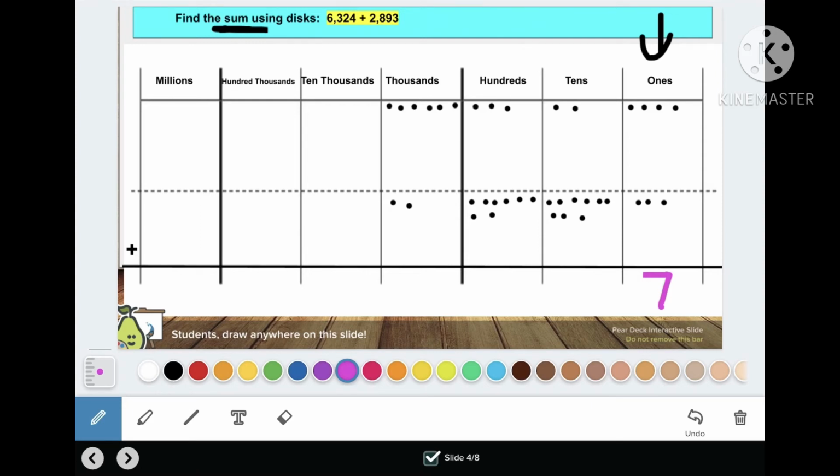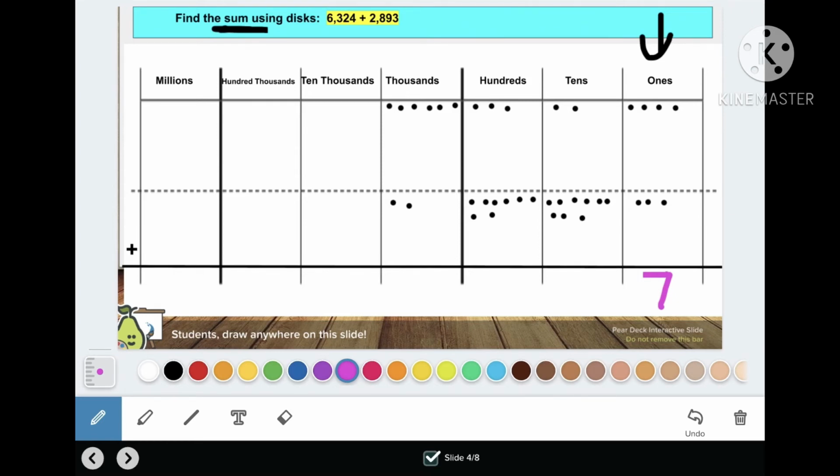I need to bundle. When I bundle, I'm grouping them. A bundle is a group of what? A bundle is a group of, what do you think? Who remembers? Yeah, that's absolutely right. A bundle is a group of 10.